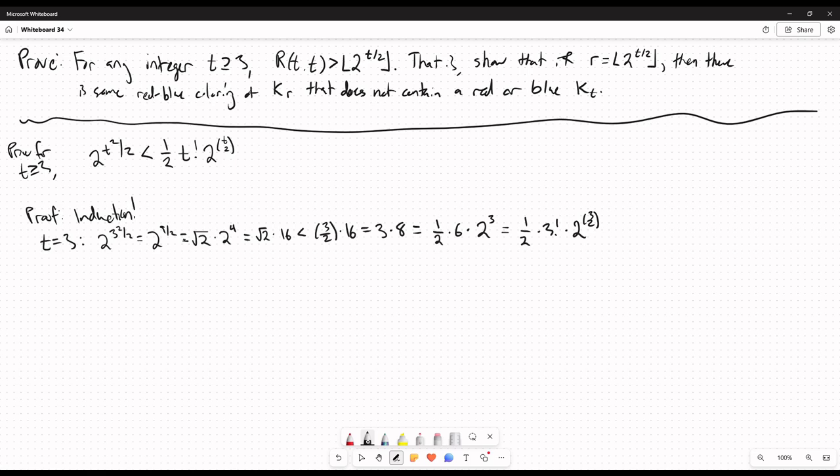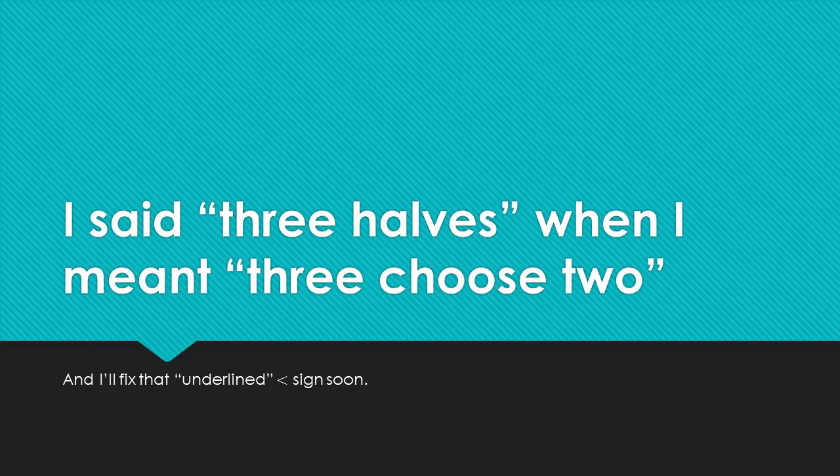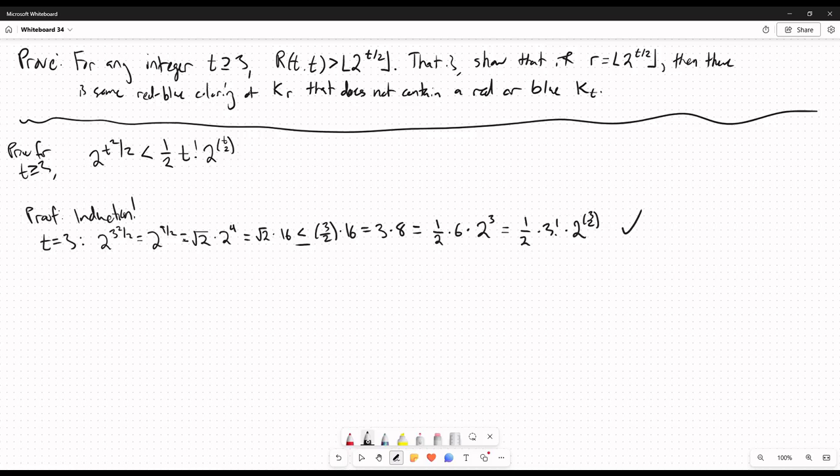We show that 2 to the power of 3 squared over 2 is strictly less than 1/2 times 3 factorial times 2 to the power of 3 choose 2. So, we're done there. Okay, that's not a less than or equal sign. I'm going to box that instead of underlining it, because underlining it means something else. So we showed our inequality.